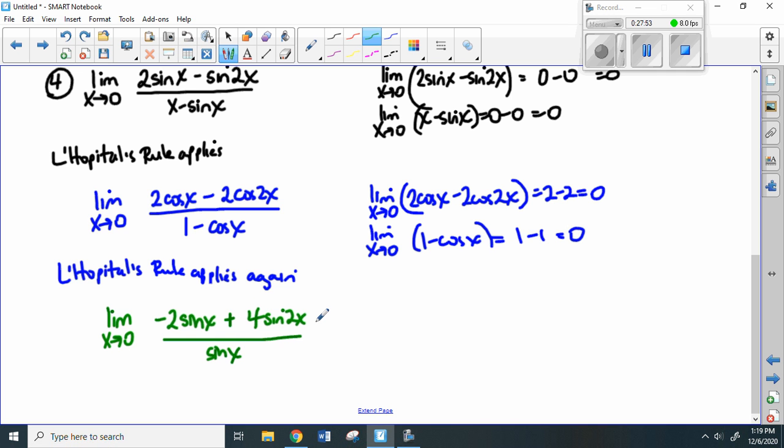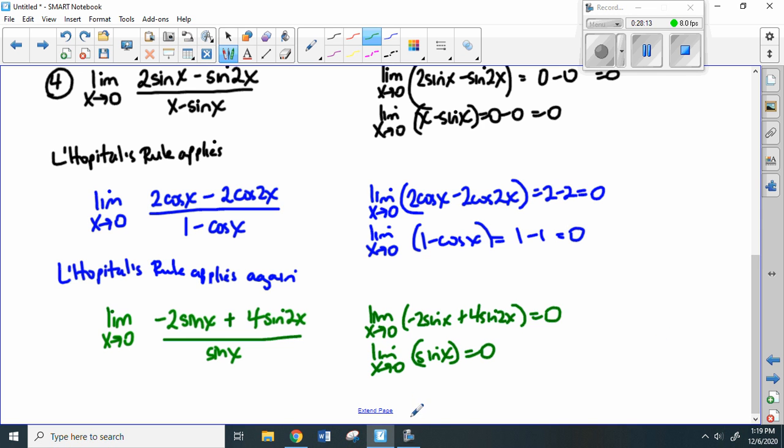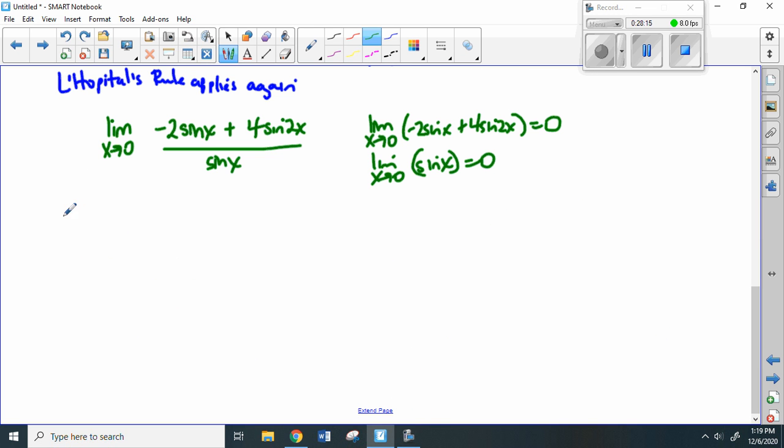Sine of 0 is still 0, so the limit of the top is 0, and the limit of the bottom is 0. So we would get 0 over 0 again, and L'Hopital's rule applies again.